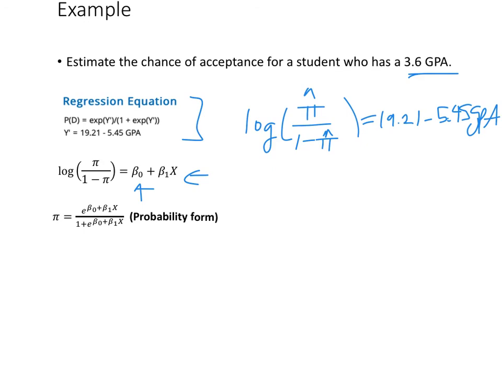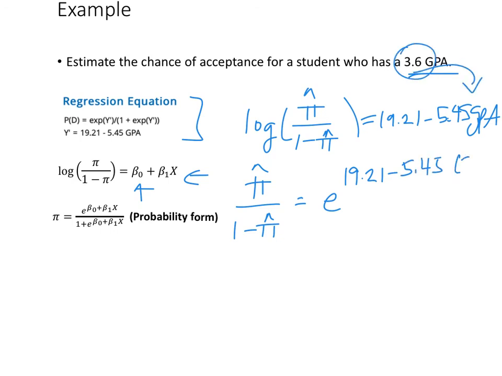And so if you exponentiate both sides, just to do a little algebra so you see where it's coming from, although Minitab will do a lot for us, if you exponentiate both sides of this equation, you get this. And again, we're going to try and predict for a student who has a 3.6 GPA, so I'm going to put that in here. So the stuff on the right just simplifies to 1.51.